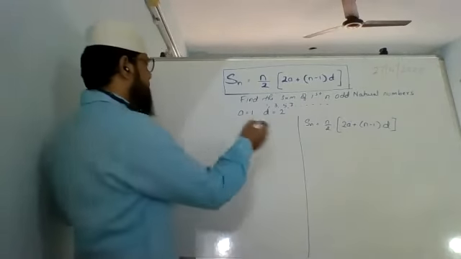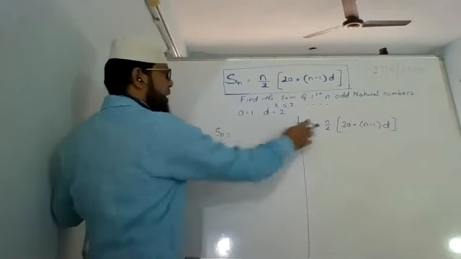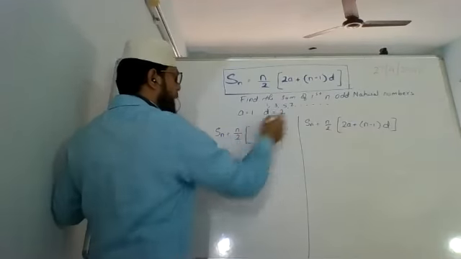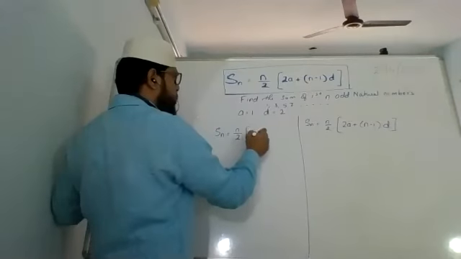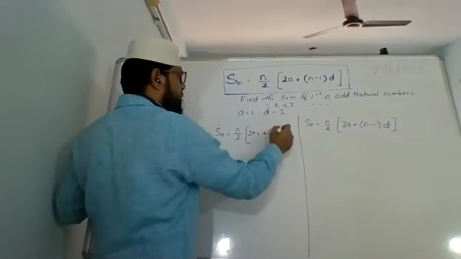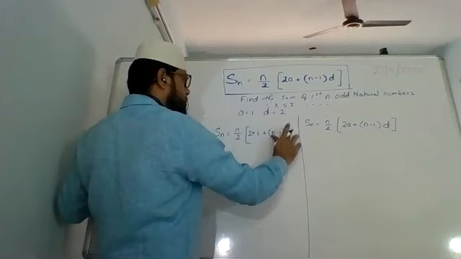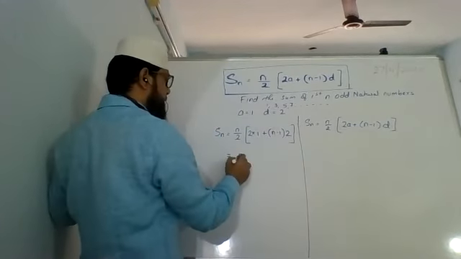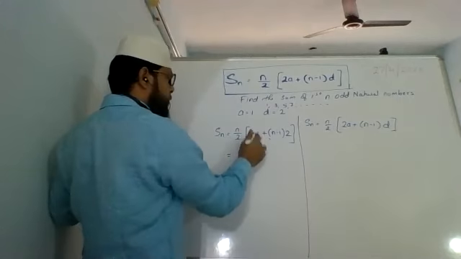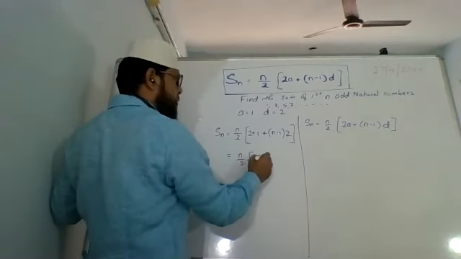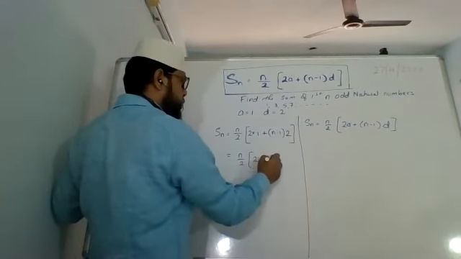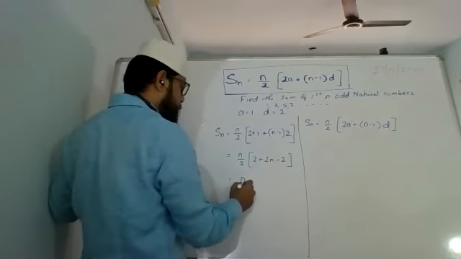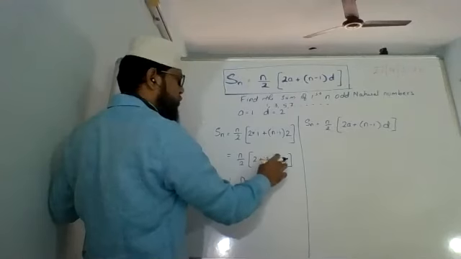Sn equals n upon 2 into bracket 2a, the value of a is 1, plus n minus 1, and d value is 2. Substituting, we have n upon 2. 2 into 1 is 2. 2 into n is 2n. 2 into minus 1 is minus 2. So n upon 2 into bracket 2n plus 2 minus 2, the 2 and minus 2 will cancel.